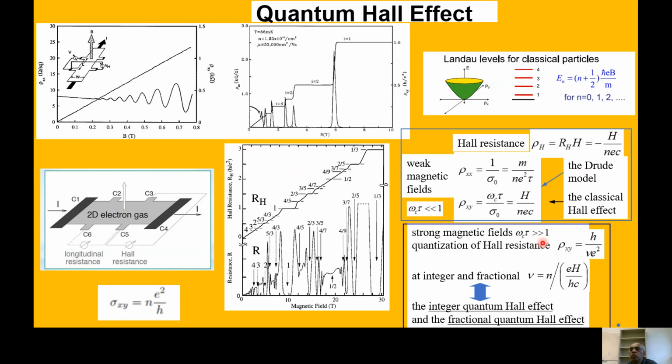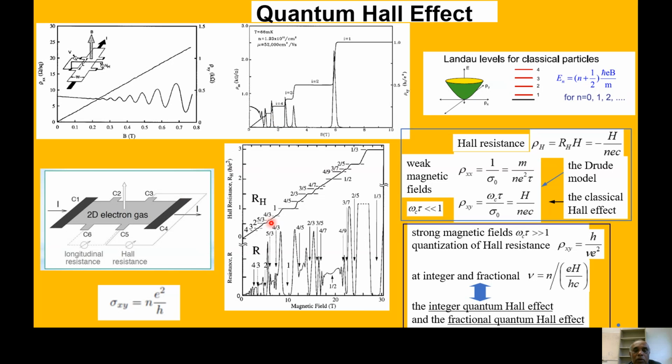But at high fields, you will see rho xy shows e squared over h times this coefficient for the Hall effect. Typically this n value is an integer. So you have n equals 1, n equals 2, n equals 3, like that.